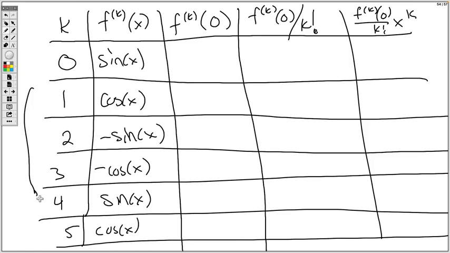And of course, as has been the observation way back in Calc 1, the derivative cycle for sine repeats every 4. Every 4 derivatives are going to be the same. We'll talk more about that on Monday when we tie it into something else that has a cycle of 4, which seems completely unrelated.